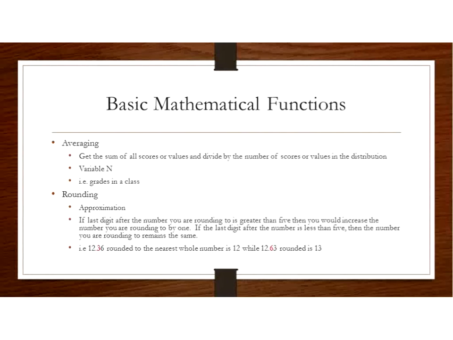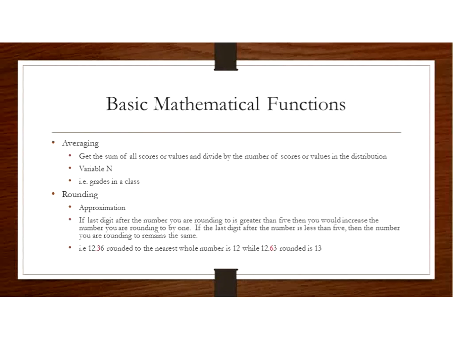If the last digit after the number you're rounding to is greater than 5, then you will increase the number you're rounding to by 1. If the last digit after the number is less than 5, then the number you're rounding to will remain the same. So let's take a look at an example. Say you have the number 12.36, or 12.3600.